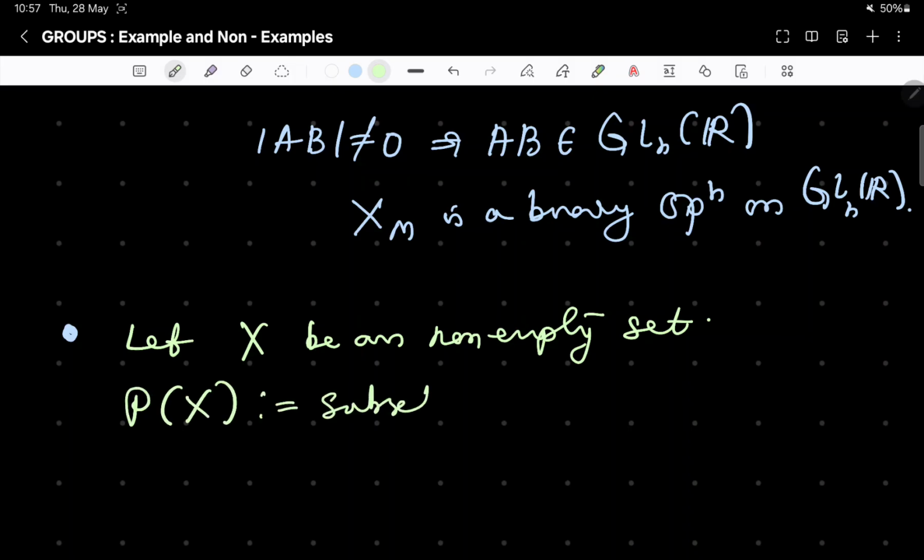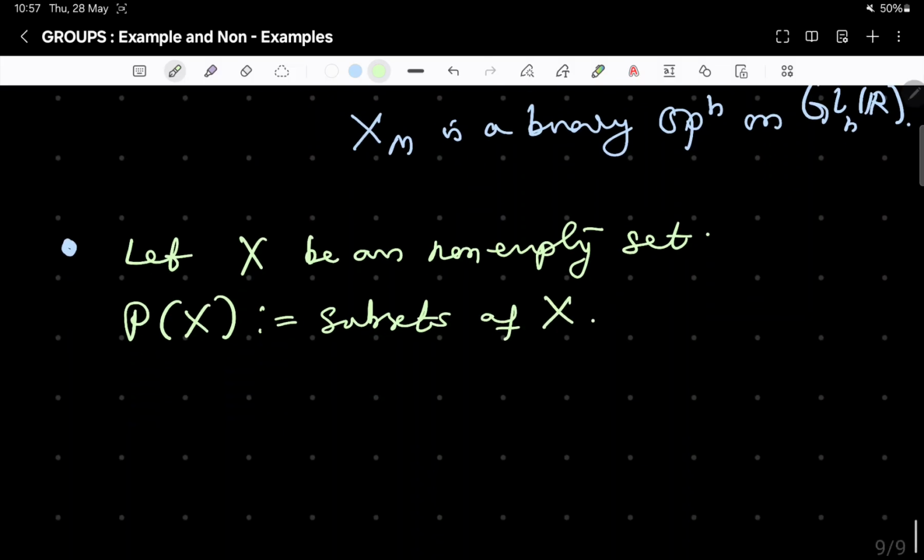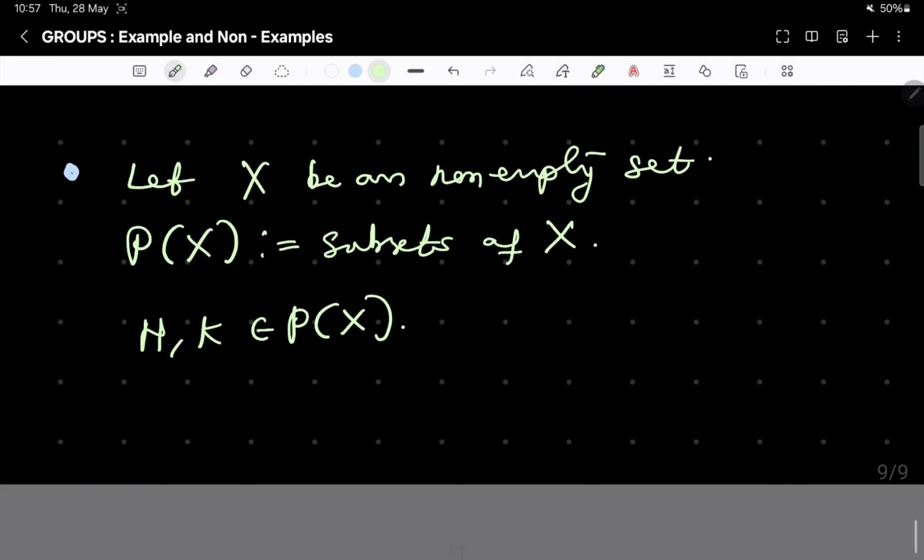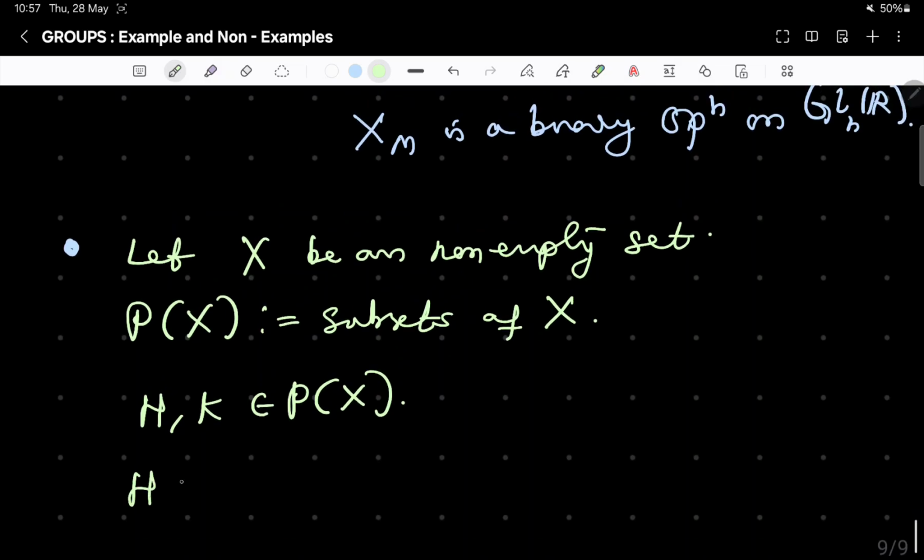The subsets of X. So you want to define some operation on the power sets. Let H and K belong to the power set. They are in the power set, which means they are subsets of X. I define an operation, H symmetric difference K.